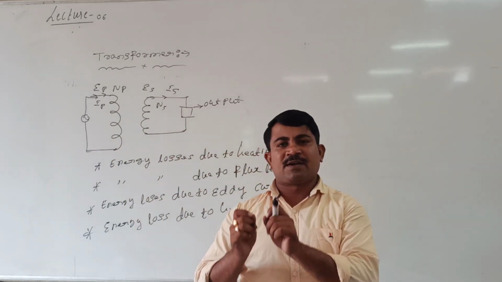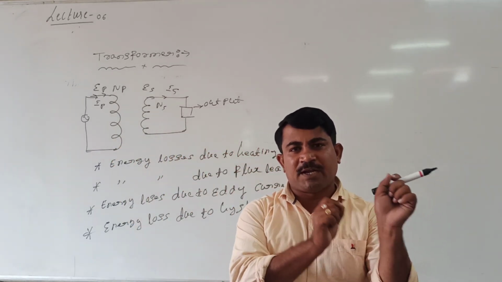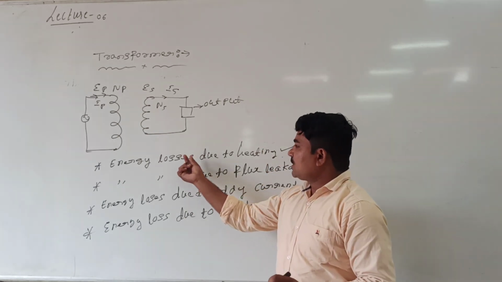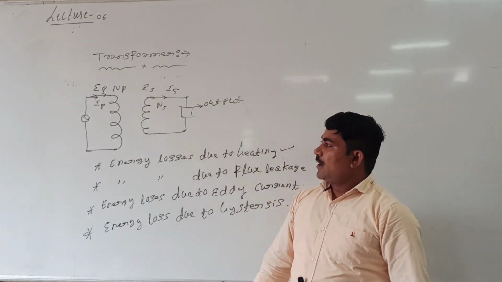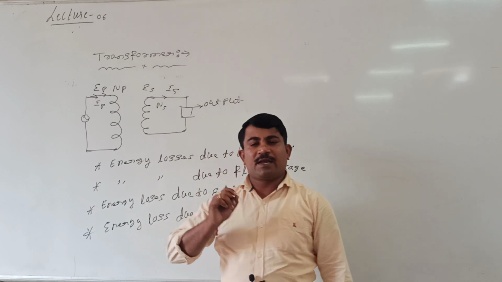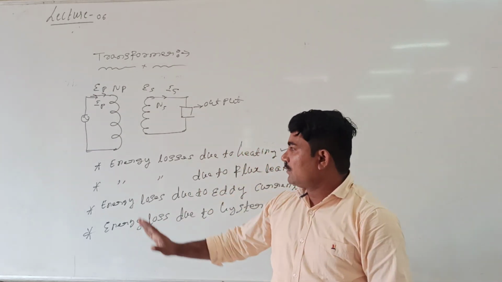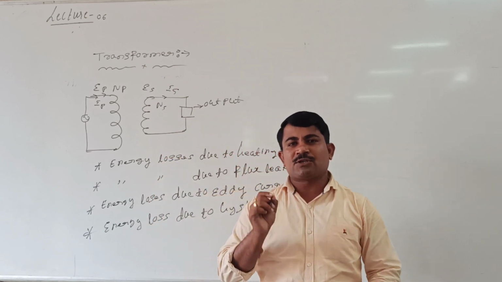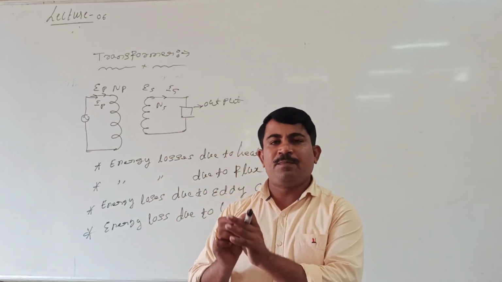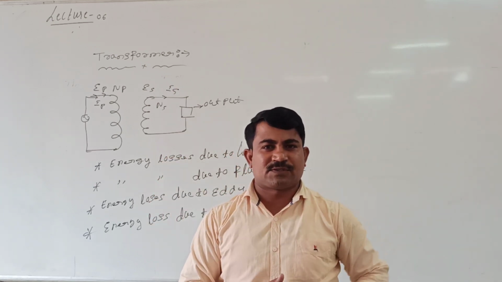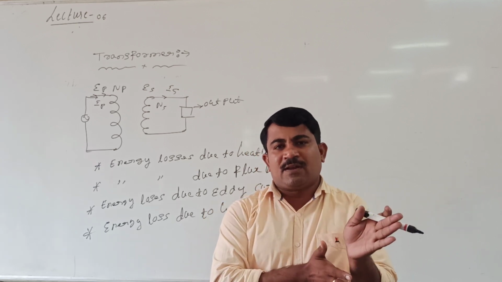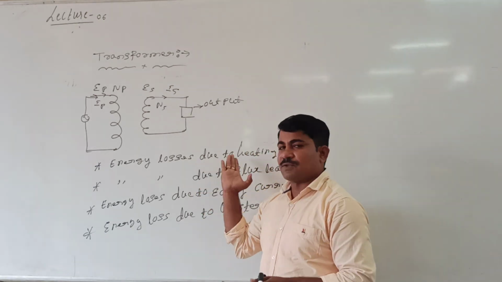That amount of heat generated is lost in the form of heat. So that energy is lost due to heating. To avoid the loss of energy due to heating, the primary coil should be chosen on the basis of a material that has low resistance. If resistance is very low, then we can avoid the loss due to heating.